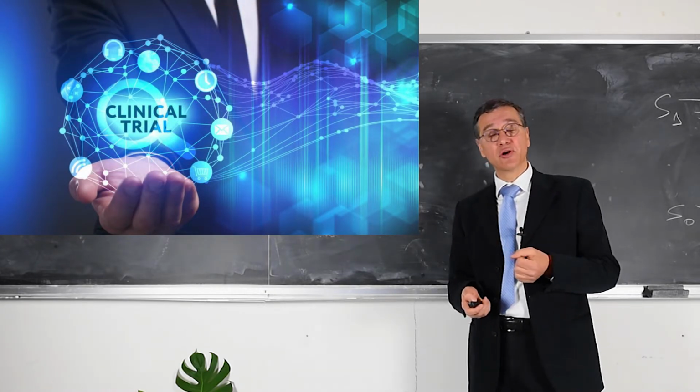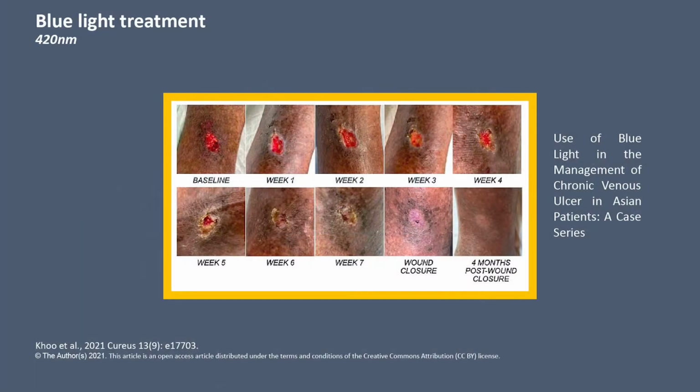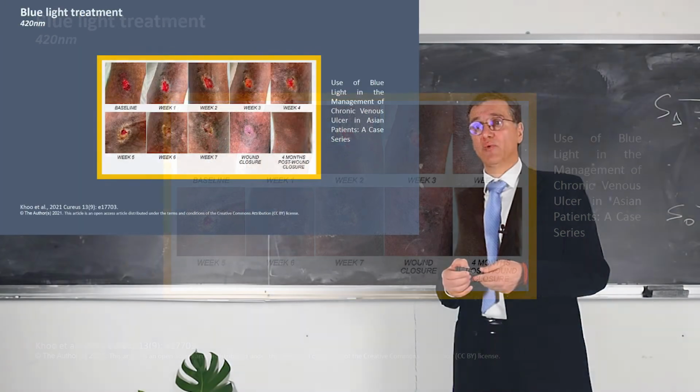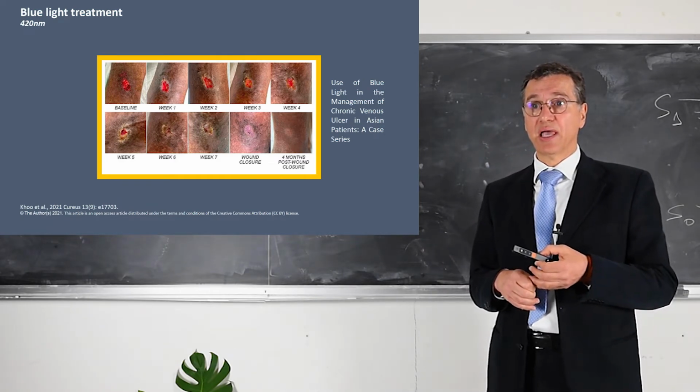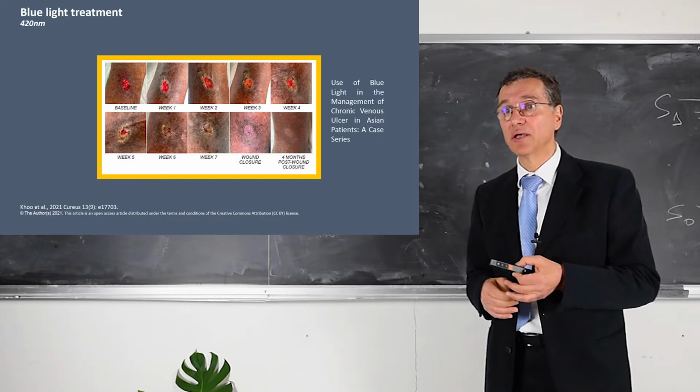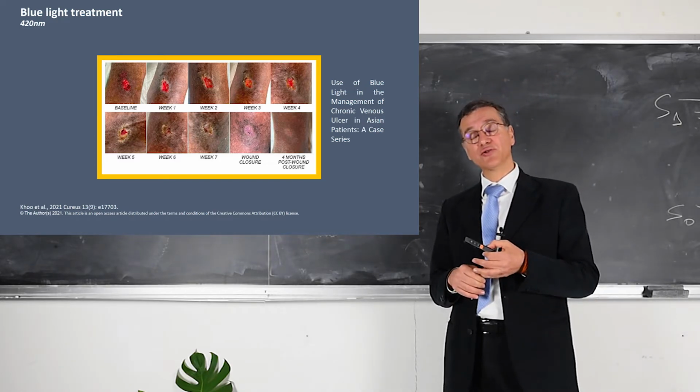Now, if we move to clinical trials, we see that by using 420 nanometers, we observe a good healing process after a few weeks. This is a chronic venous ulcer.